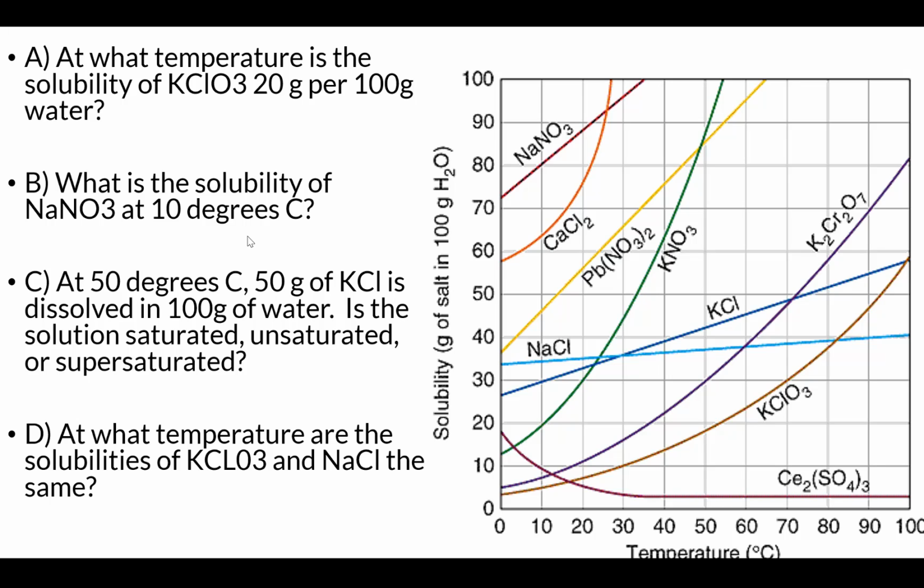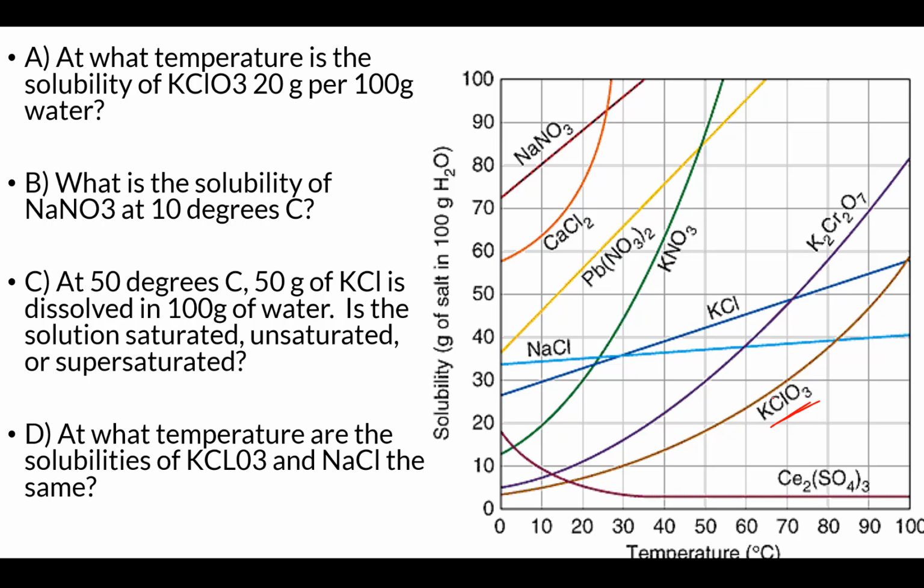Okay, hopefully you got some answers to these. I'm going to go through them. A. At what temperature is the solubility of KClO3 20 grams per 100 grams water? Okay, so we know that we're working with KClO3, so let's find it. Here it is. It's this brown curve right here.